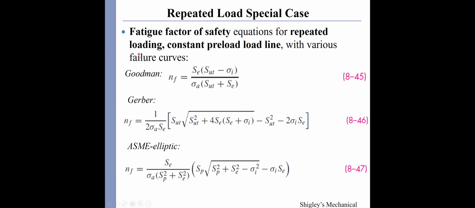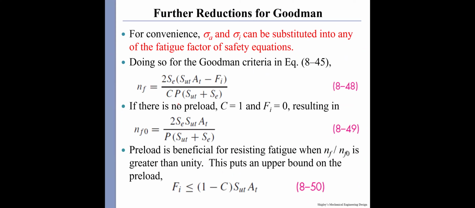So this is the brief summary. We can find the safety factor from Goodman, the safety factor from Gerber, and the safety factor from the SME ellipse. For convenience, sigma A and sigma I can be substituted into any of the fatigue safety factor equations.